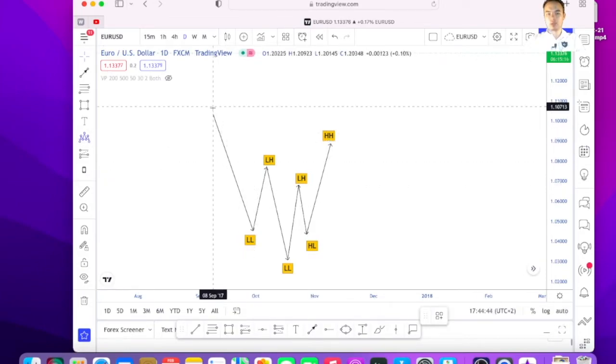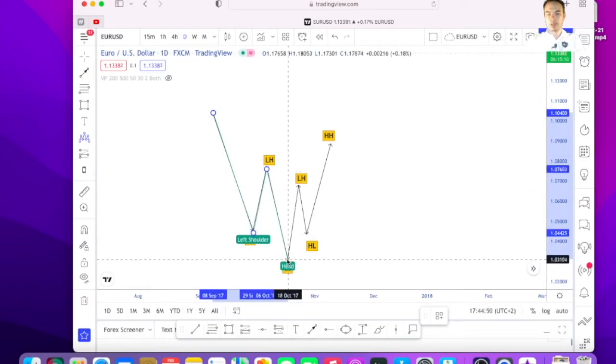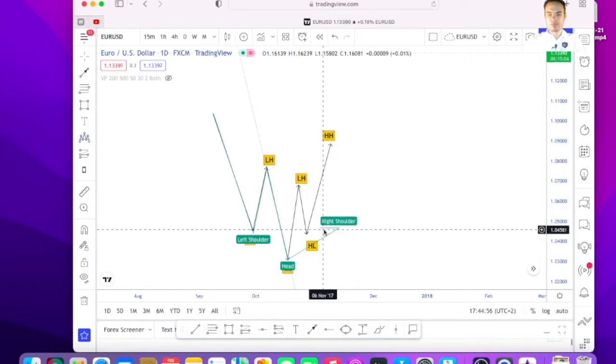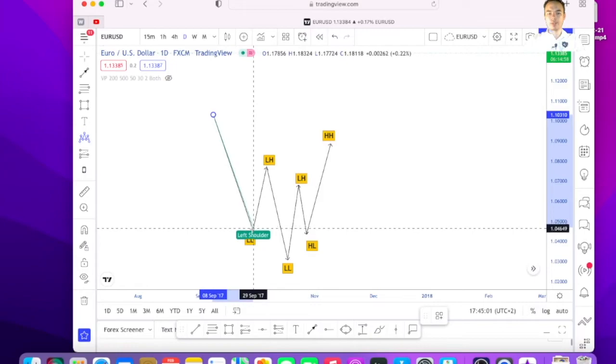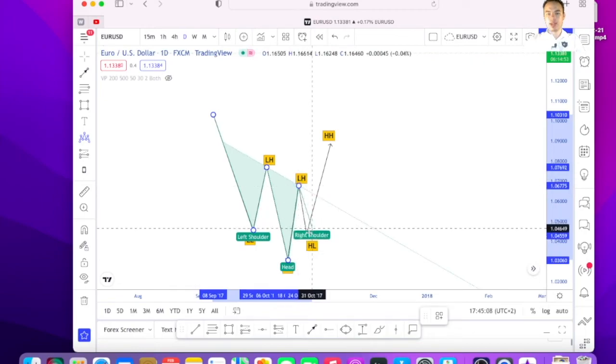So what will happen is we'll have our left shoulder here, our head, so I'll use the same tool. So here's our left shoulder, our head, and our right shoulder.